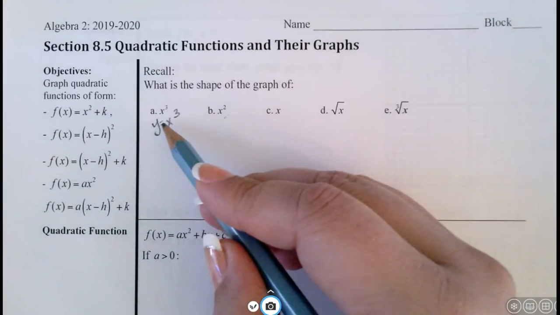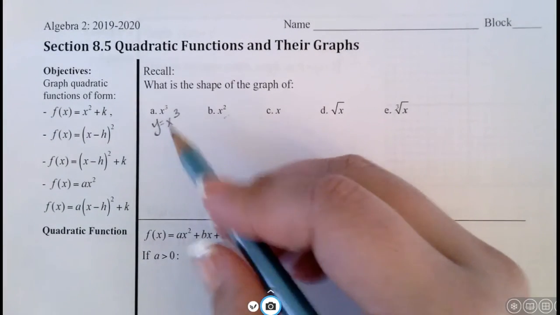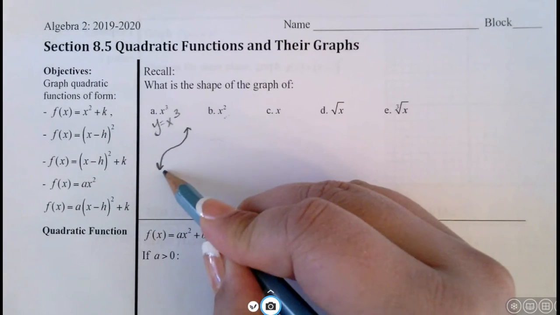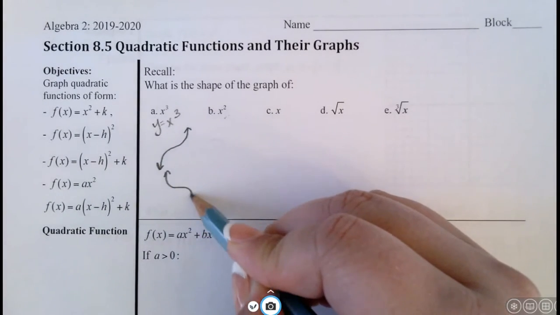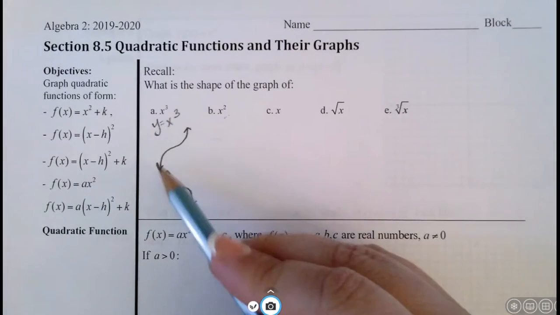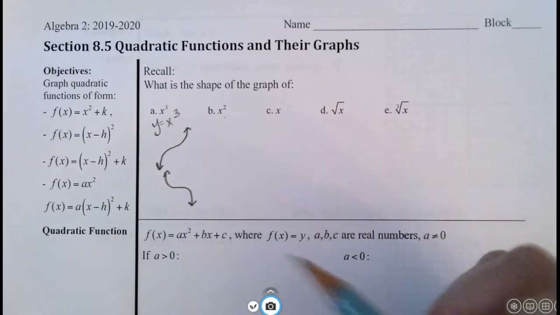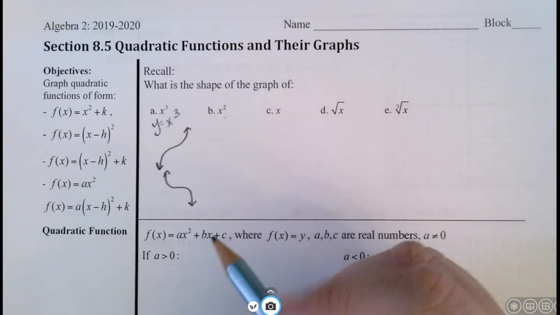So part A is a cubic function, and a cubic function looks like this. We said it's kind of like John Travolta dancing, and depending on if our coefficient is positive or negative, it could have a positive rate of change or a negative rate of change, kind of like slope, but since it's not constant, we don't call it slope.